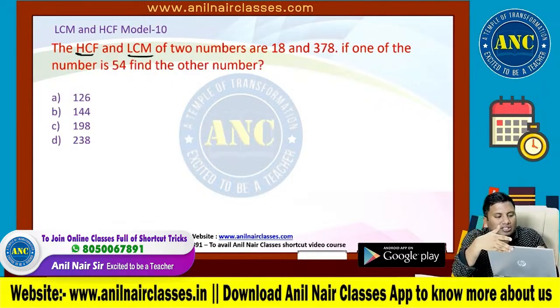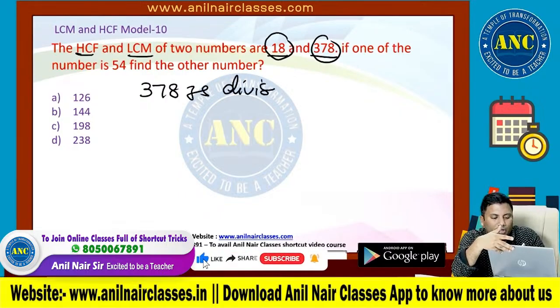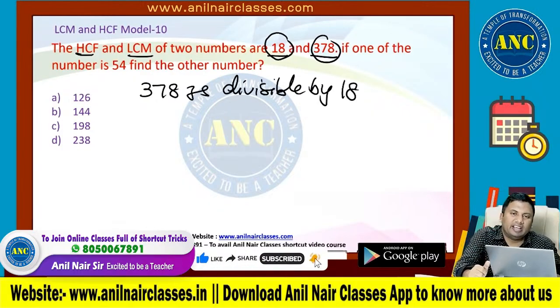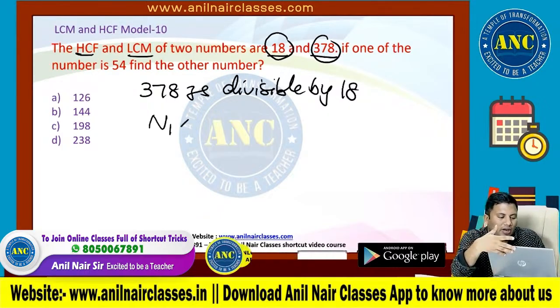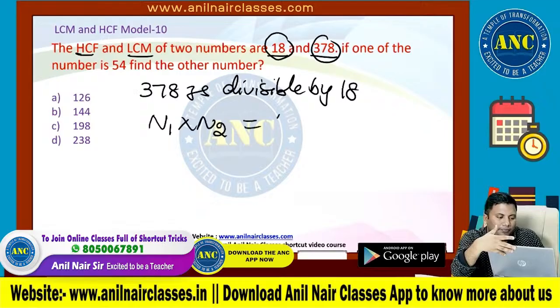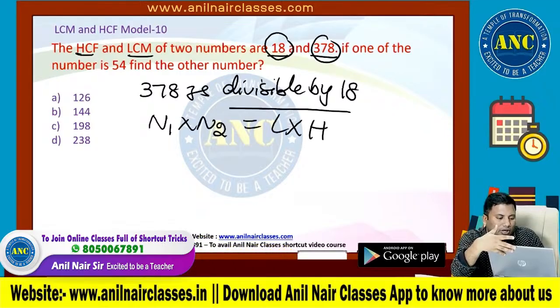HCF and LCM of the two numbers are 18 and 378. 378 is divisible by 18 because 18 2s are 36, 21. So N1 into N2 is equivalent to LCM into HCF.